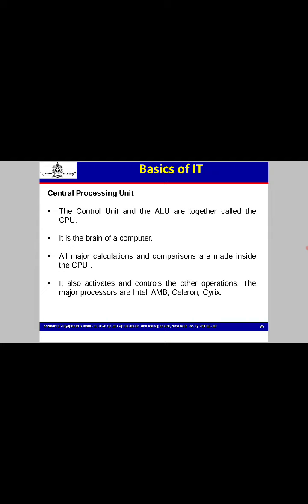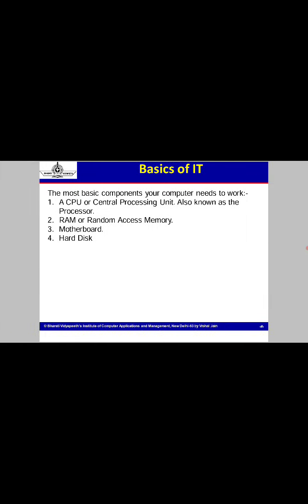So all the calculations like addition, subtraction, multiplications, and comparisons, less than, greater than, equals to, not equals to, and it also activates and controls other operations. So these are the different functions of the central processing unit or a CPU.